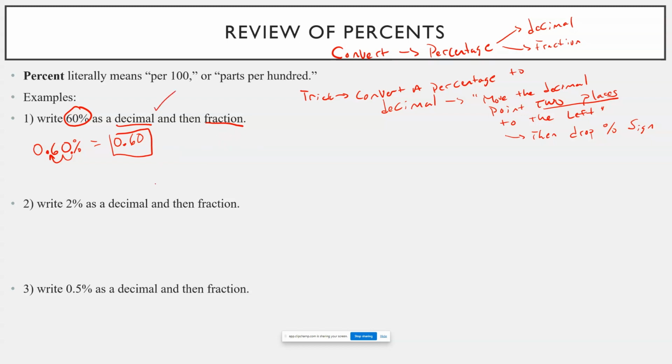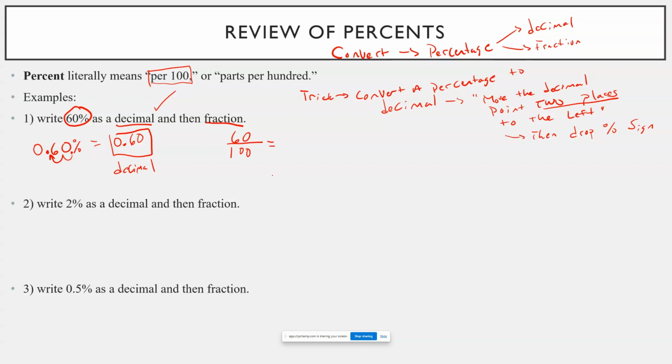Then as a fraction, because this is per 100, you would take this 60% and put it over 100. So 60% would be 60 out of 100. What we can do next is simplify this.